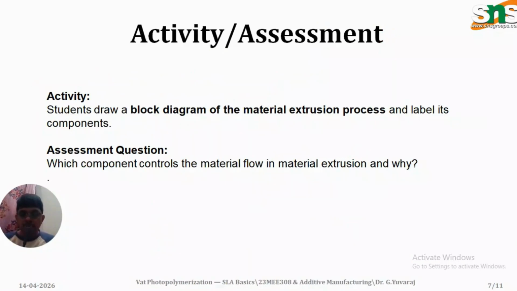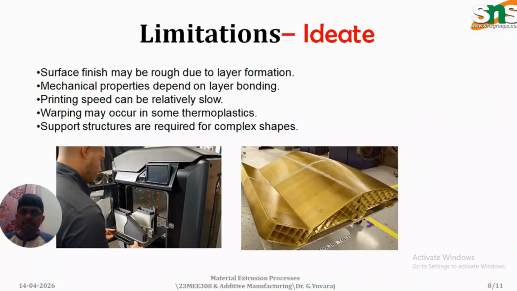The students have to draw the block diagram of the material extrusion process and label the components, identify which component controls the material flow in material extrusion, and explain why it is needed for the material flow in the structure. So that is why we have to create the activity and assessment based structure.